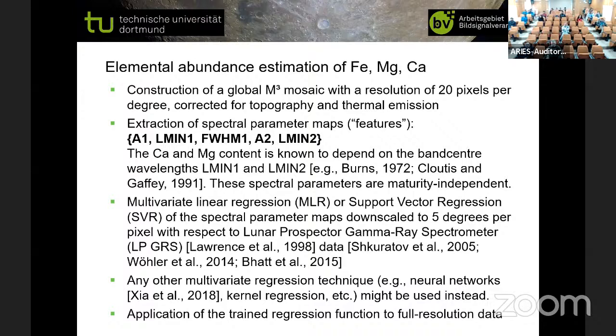We put data in and get target variables out. Input data are the spectral parameters. Target variables are the elemental abundances.